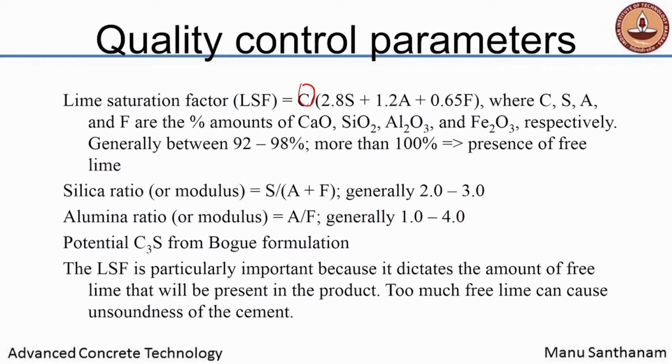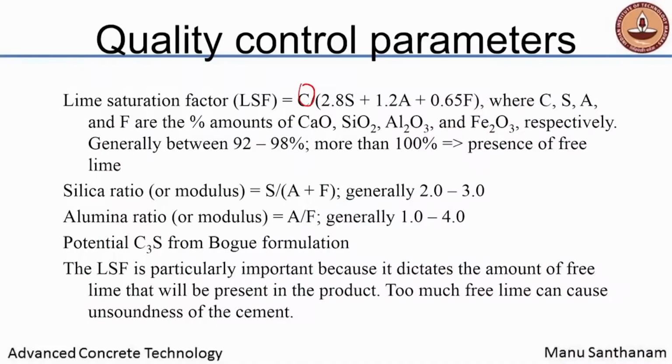Now obviously this looks like a highly empirical equation, but it is basically telling you how much of the calcium is actually getting combined with the silica, the alumina and the ferrite to form the cement compounds like C3S, C2S, C3A and C4AF. Why is that important? Because if there is too much lime present and much of it is unreacted, it will appear as free lime.